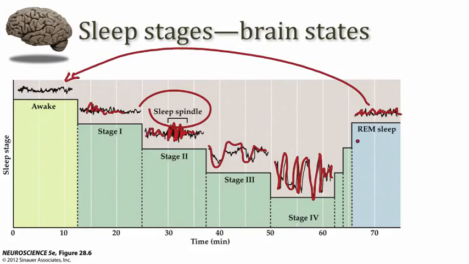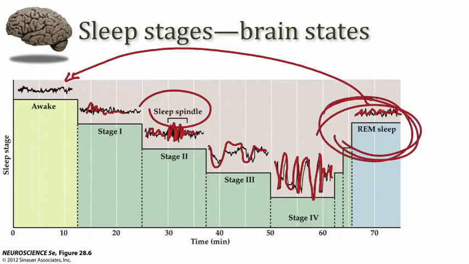This is called REM sleep. REM stands for rapid eye movement sleep. It's also called paradoxical sleep. And the paradox is, how can we be still asleep and yet have electroencephalographic activity that resembles an awake brain?